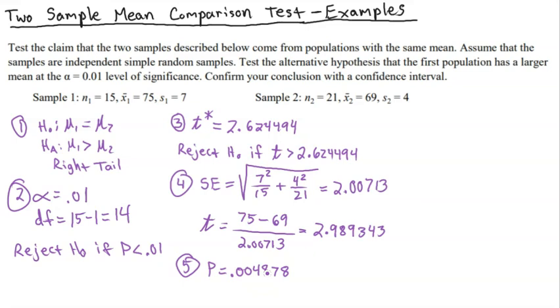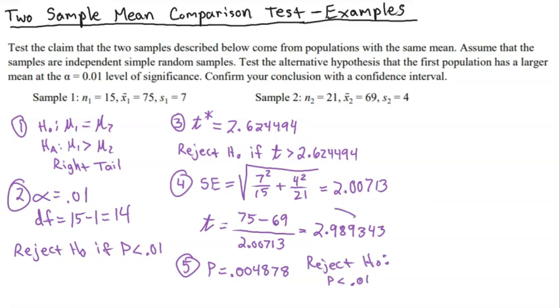And now, here's what we can do. We can compare this to our alpha, 0.01. It says that we're going to reject H sub O if P is less than 0.01. Well, 0.004 is definitely less than 0.01. So we're going to reject H sub O, okay? Why? Well, because our p-value is less than 0.01.